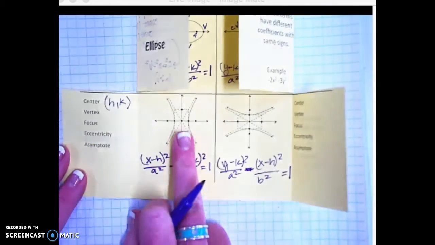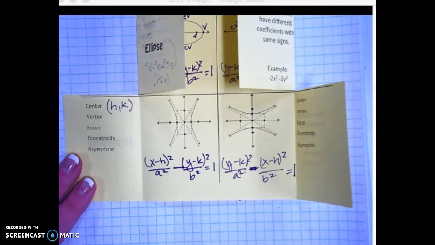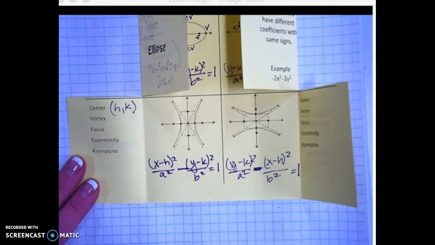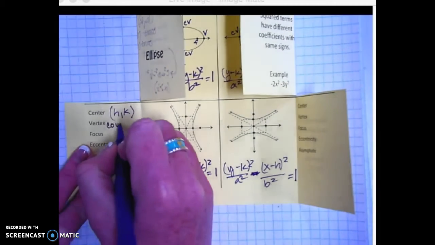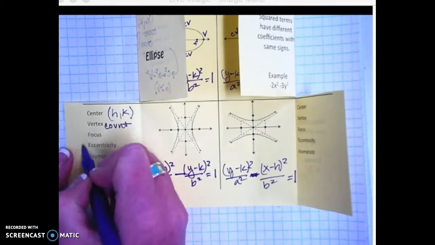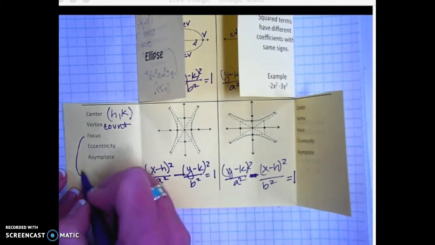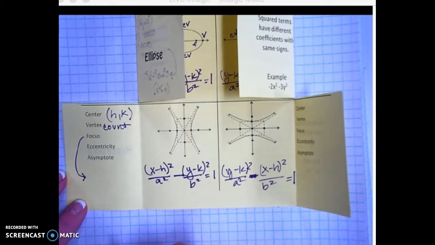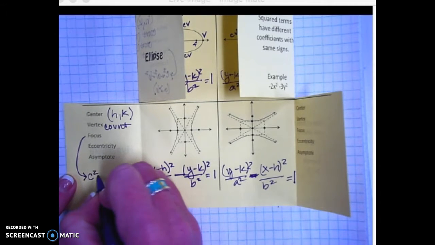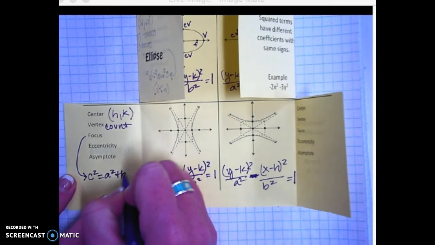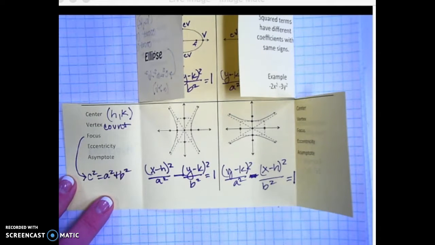Your vertex, once you've found where your center's at, it's nice when it's at 0, 0, but when it's not at 0, 0, always count from the center to where your vertex is going to be. On the hyperbola, your focus is going to be at c squared equals a squared plus b squared. And this one, it technically doesn't matter which one you plug in first, right? Because of order of operations, you'd get the same number.